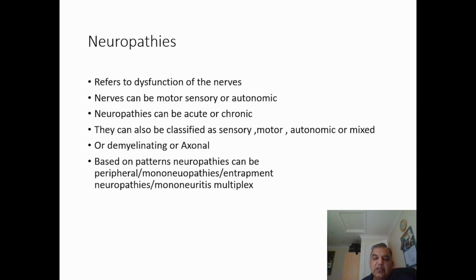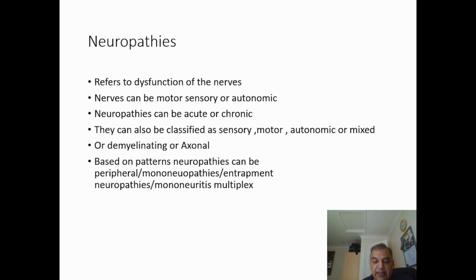Now, neuropathies based on the pattern can be peripheral neuropathies, which is generally a symmetrical neuropathy in the classical stocking and glove distribution, or it can be a mononeuropathy, which is involving a single nerve. The commonest ones that you may come across in your practice are someone presenting with an acute foot drop, secondary to a tightly fitting plaster, or sitting cross-legged, and the common peroneal nerve is the one that's affected. Or it can be an entrapment neuropathy, such as the median nerve at the wrist or the ulnar nerve at the elbow.